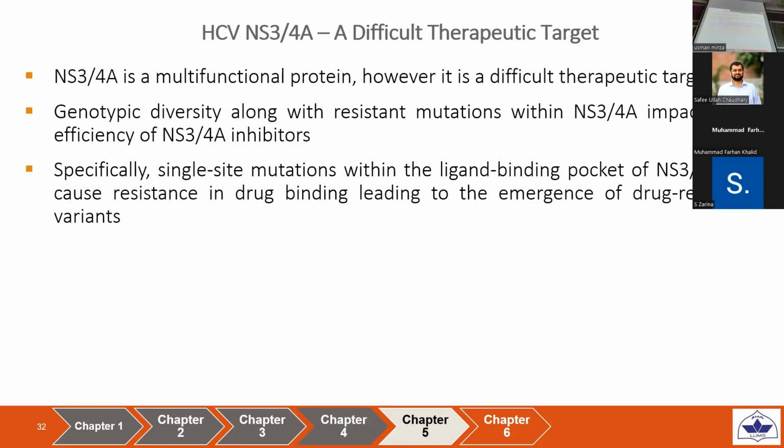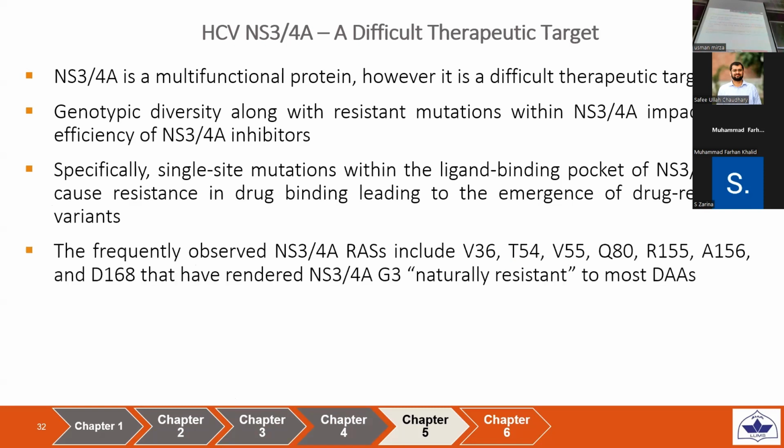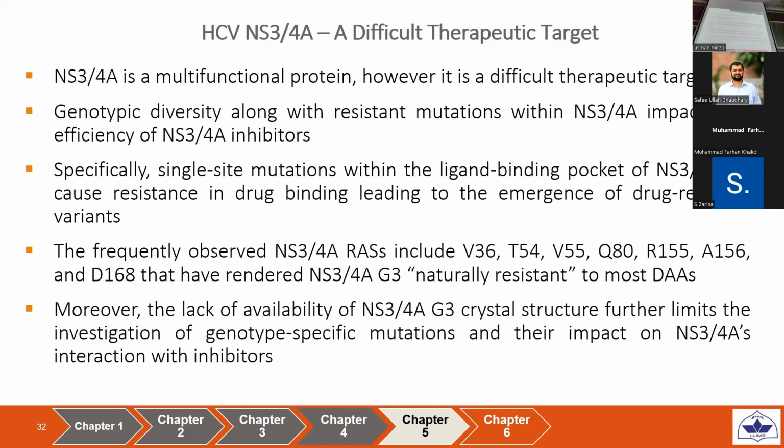Specifically, there are mutations within the ligand binding pocket of NS3/4A genotype 3, which is prevalent in Pakistan, which cause resistance in drug binding, leading to the emergence of drug-resistant variants. Frequently observed RASs have made genotype 3 naturally resistant. Moreover, there is a lack of availability of a genotype 3-based NS3/4A crystal structure, which further limits the investigation of the specific mutations and their impact on the inhibitors.